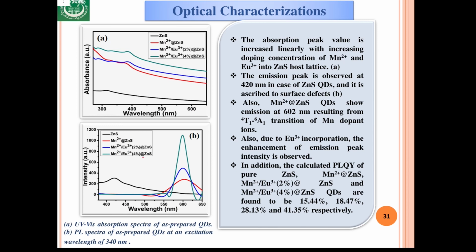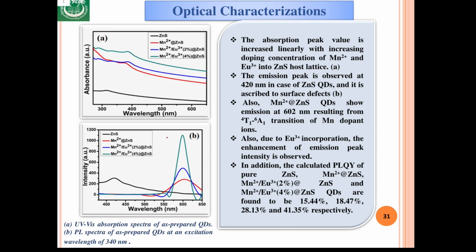Of special importance to us was the emission PL spectra of the as-prepared quantum dots. We found that this black curve denotes the PL spectrum of the undoped zinc sulfide.